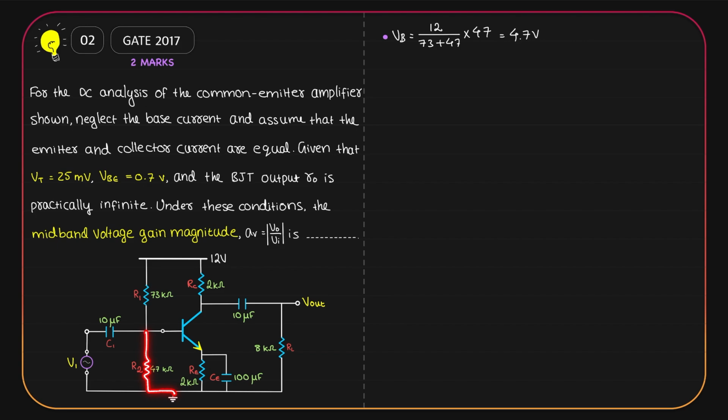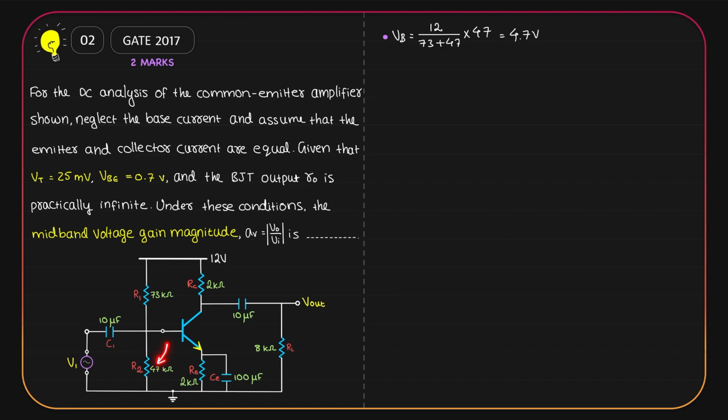We already found the potential across it is VB, which is 4.7 volt. As I go on further, I have the base emitter junction, across which we have a potential VBE. Then I see RE, through which a current IE will be flowing. So we have a potential drop IE-RE across it. Further, I go back to the ground.